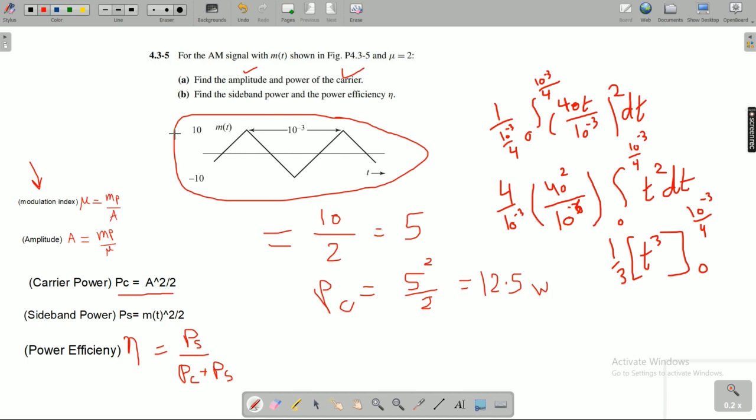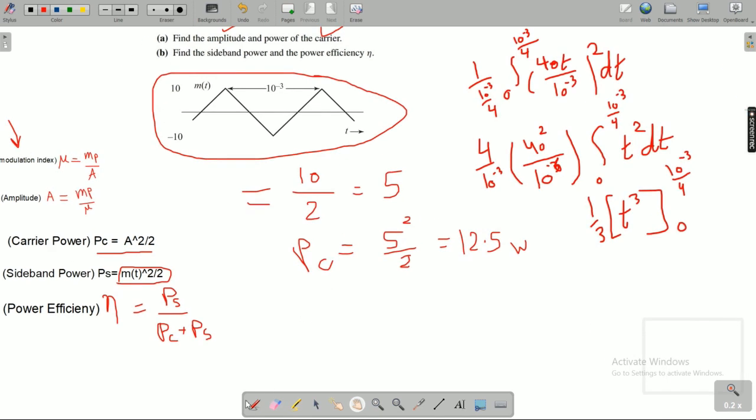For part B, he wants to calculate the sideband power and the power efficiency. For the sideband power, we have to use this formula: m of t squared divided by 2. We have to get the power of the signal, then divide by 2. The power of the signal, if you want to remember its formula, equals 1 over T naught, which is the period, integration from 0 to T naught, of m of t squared with respect to t.